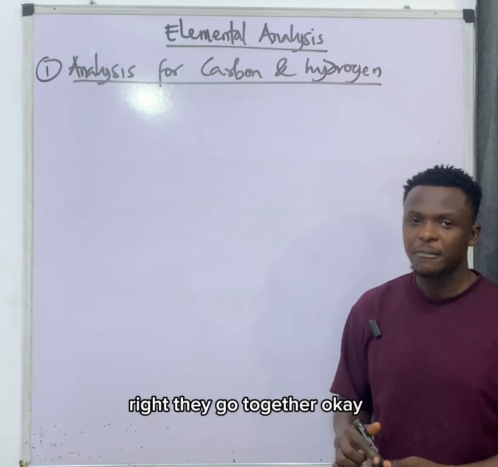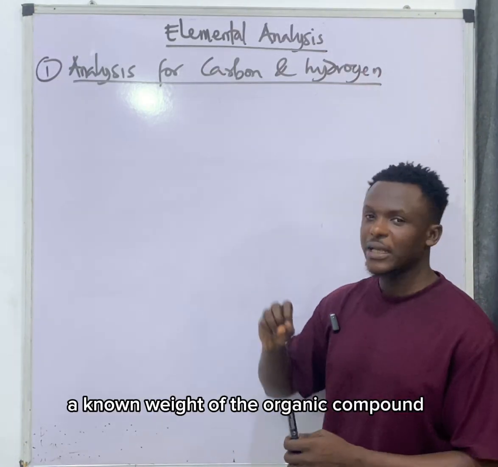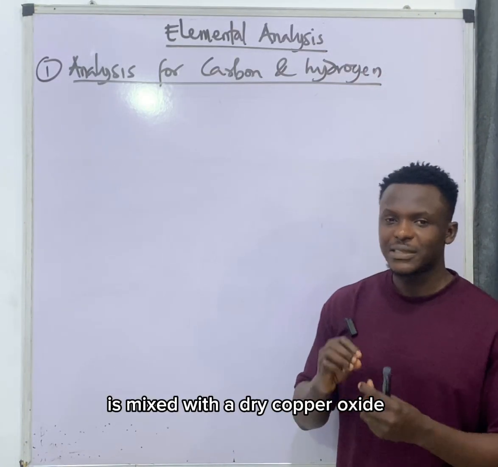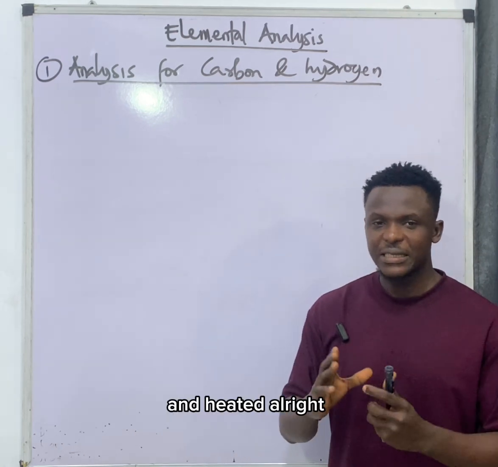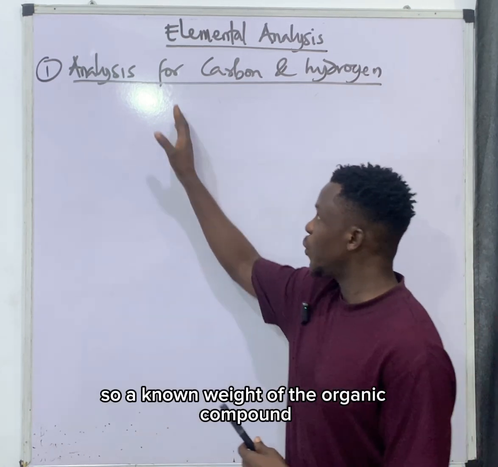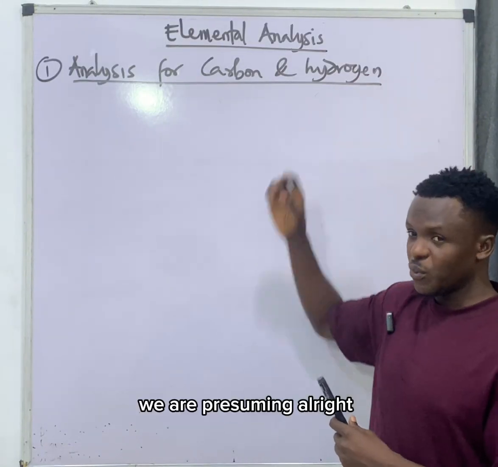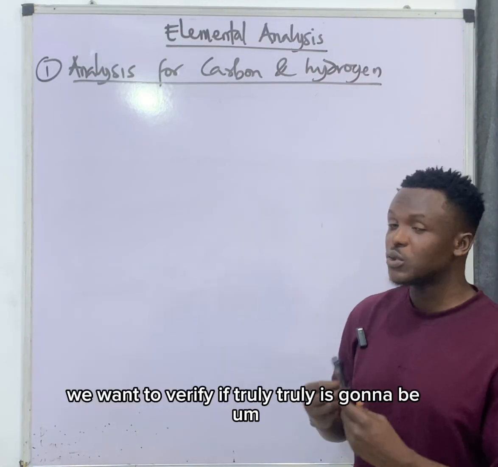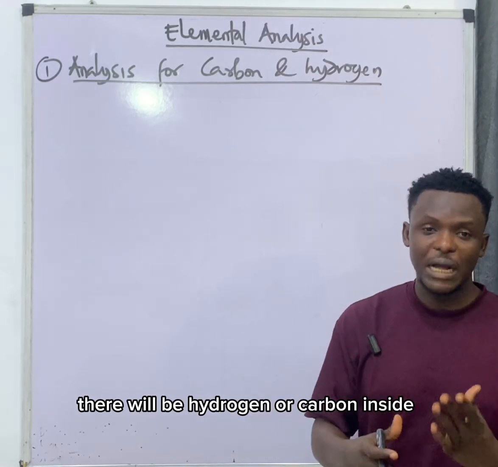They go together. In this analysis, a known weight of the organic compound is mixed with dry copper oxide and heated. A known weight of the organic compound, presumably containing carbon and hydrogen. We want to verify if there truly is hydrogen or carbon inside.